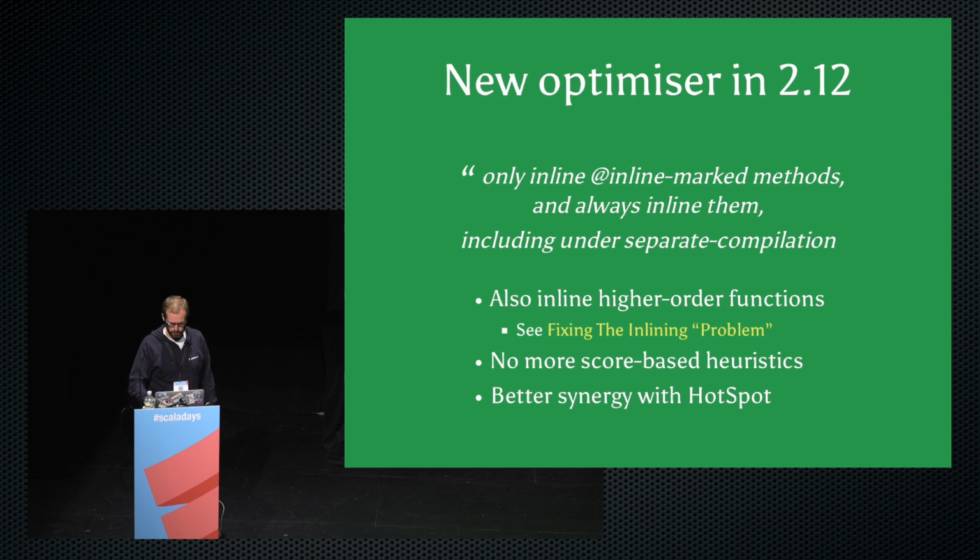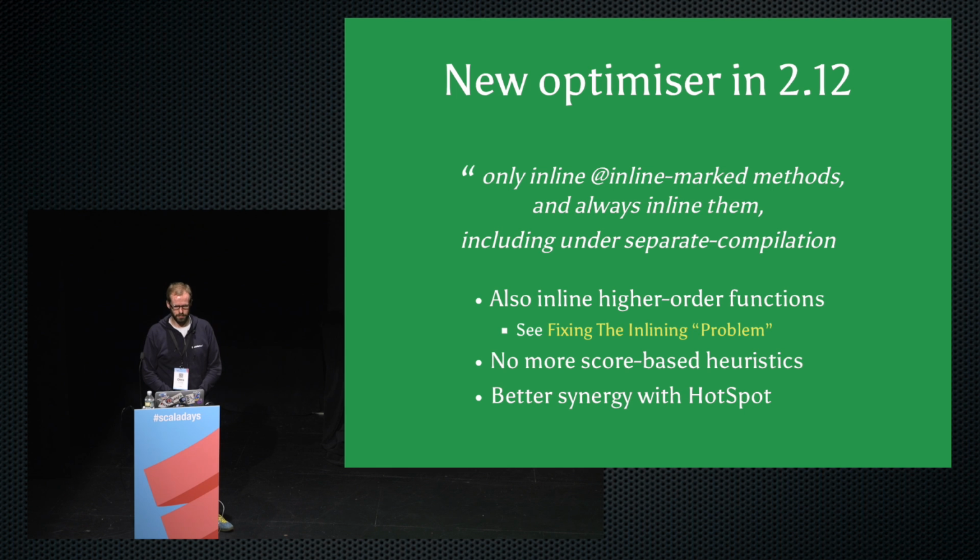But in 2.12, there is a brand new backend called GenBCode, and that includes a new optimizer. So all of the inlining code has been rewritten from scratch. The idea when they rewrote the inliner was to simplify it a lot and try and make it a bit more deterministic, so you can tell more easily whether a certain function is going to be inlined or not.